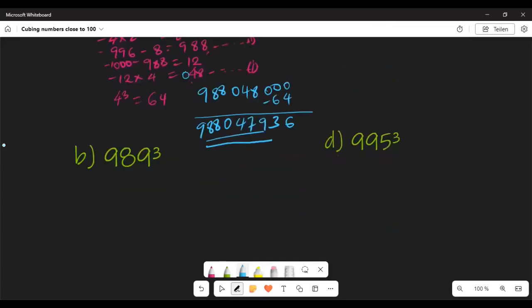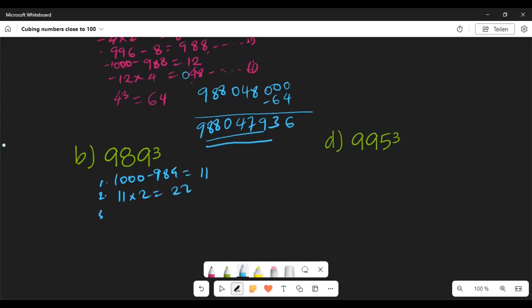Now let's do another one. Step 1: 1,000 minus 989. We know the answer is going to be 11. Then 11 multiplied by 2 will give us 22.